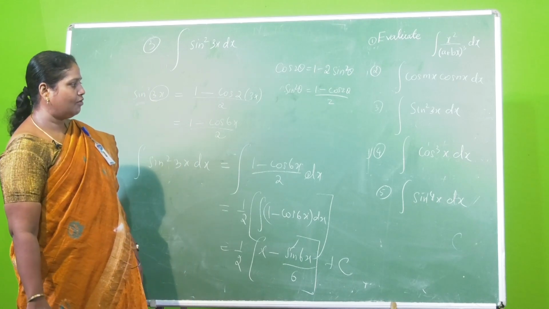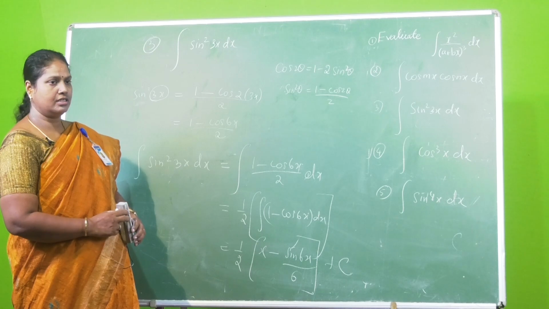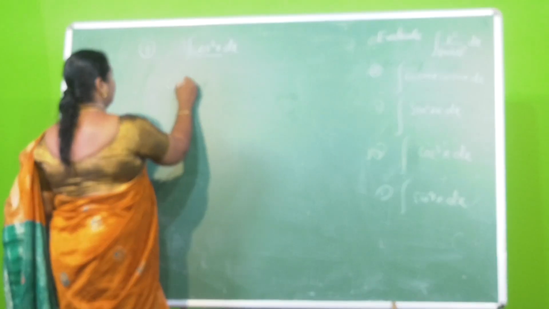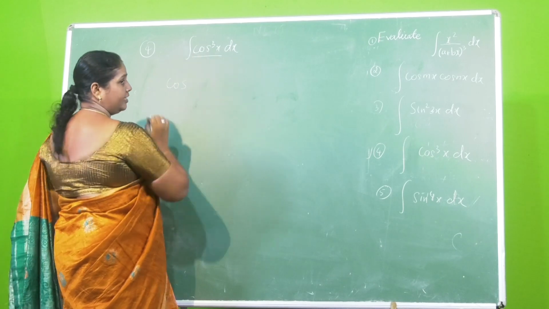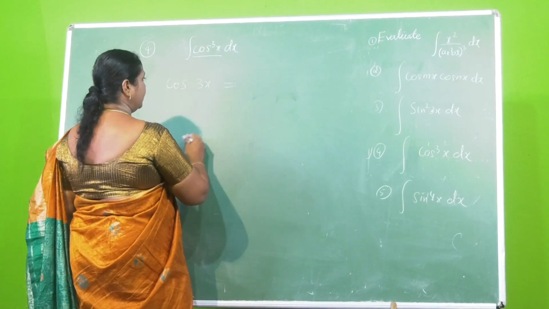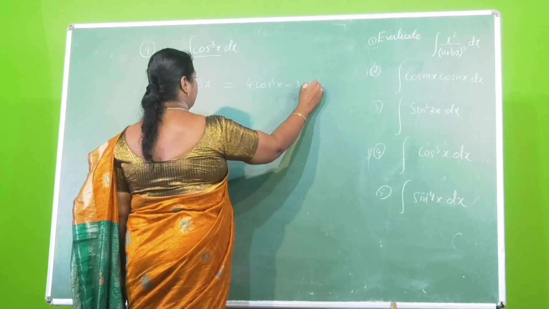Okay, so now shall we move to problem number 4, that is the integral of cos cube x. Now you have the term cos cube x. So we have to go for another trigonometric formula. What is that? Cos 3x is nothing but 4 cos cube x minus 3 cos x.